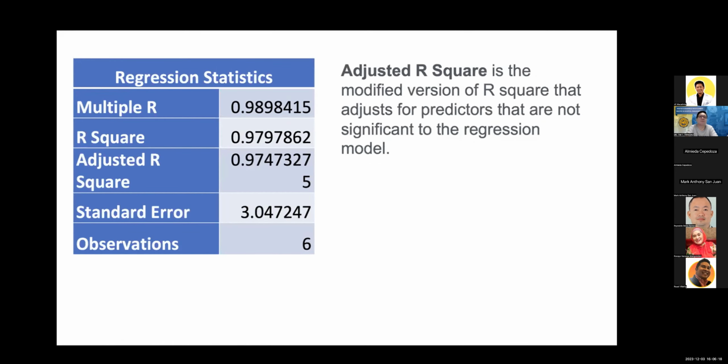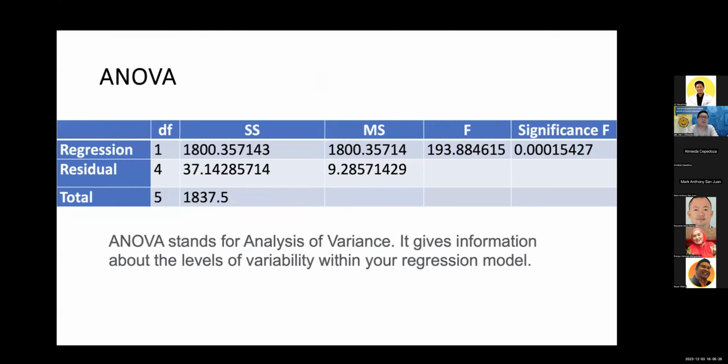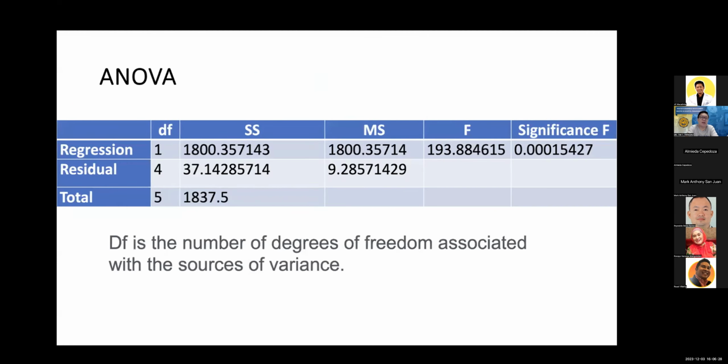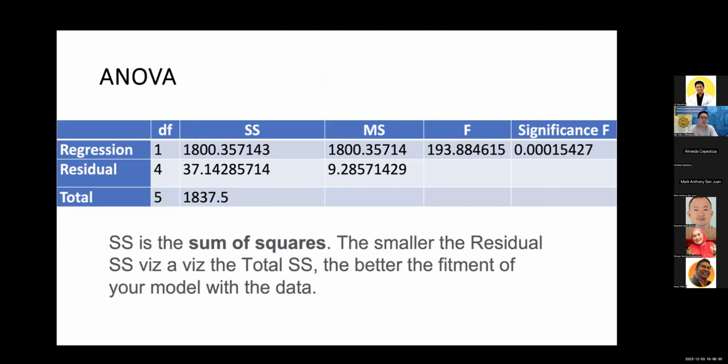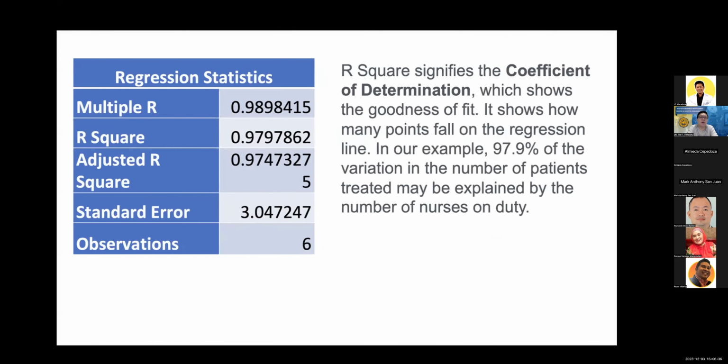So I don't know, Doc, if I still need to go through all this. No. It's okay. What I want you to remember on that basis, on that data, is your R square. The most important is your R square. Okay? R square represents the coefficient of determination, which shows the goodness of fit.